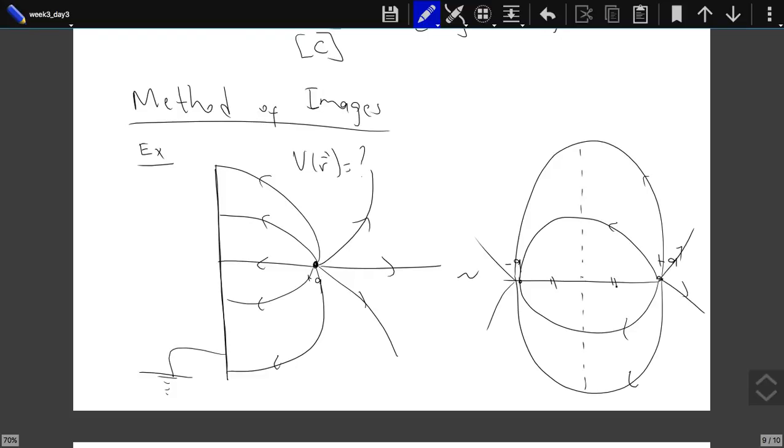If the angle between them is 90 degrees, just imagine having mirrors separated by 90 degrees. You will have 3 images. If the angle is 60 degrees, then you will have 5 additional image charges, and the total potential will be the potential created by the charge you put plus the potential created by your image charges. So at least for such systems, there is an almost trivial way of solving for the potential.